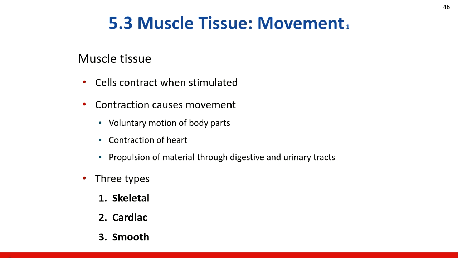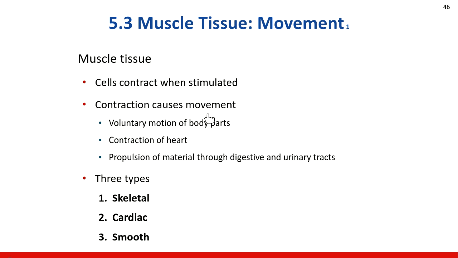When we talk about muscle, I want you to think of muscle movement. Muscle tissue is going to move something. When those cells are stimulated through some sort of stimulus, be it chemical or electrical, mainly through nervous function, you're going to see movement on some scale.